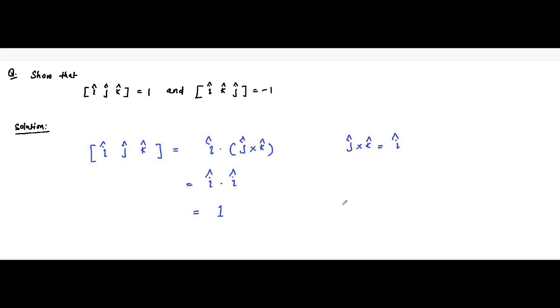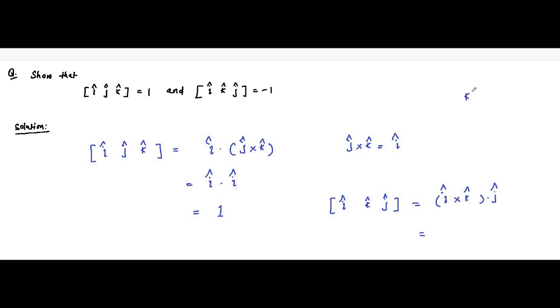Then we have i cap, k cap, j cap, the scalar triple product of them. So again we can write it as i cap cross k cap dot j cap. Okay, now we know that i cap cross k cap is equal to minus j cap. Why?